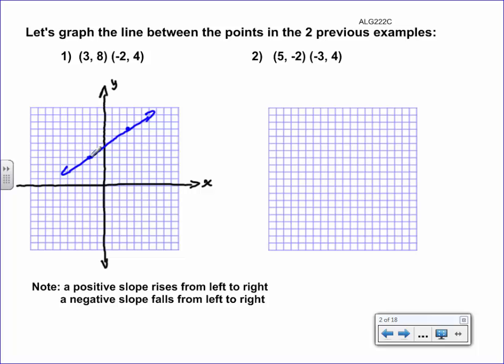Now you could also count off slope to get from here to here, and remember it's change in y, which is vertical change, over change in x, which is horizontal change. So we'll count this off. We'll go up to there. So we went up 4 to get to that point.